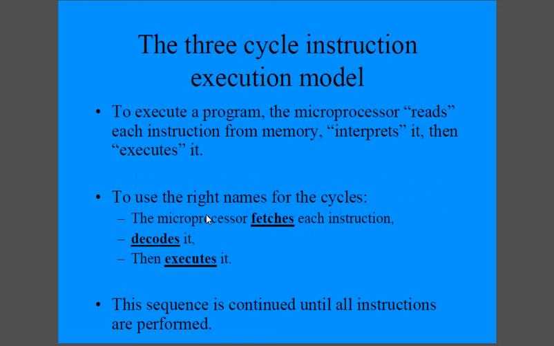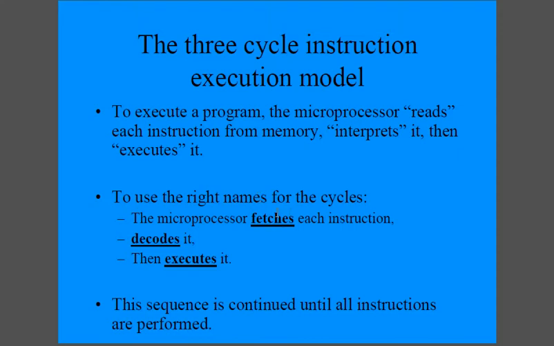Okay, and then this is the three-cycle instruction execution model which is being used inside the microprocessor. I mean, the three basic execution models. The first one is fetch. The first thing that the microprocessor will do is fetch the instruction.